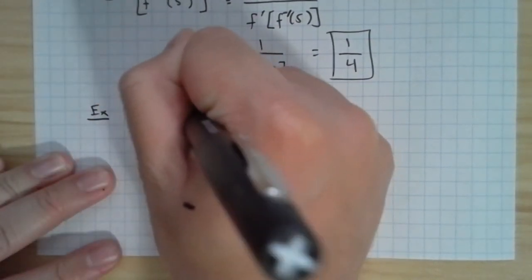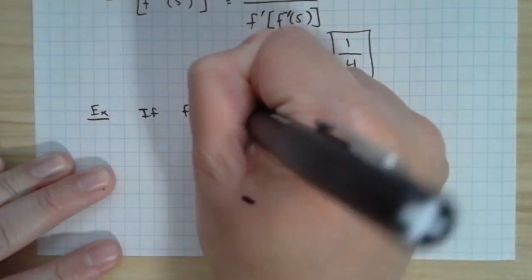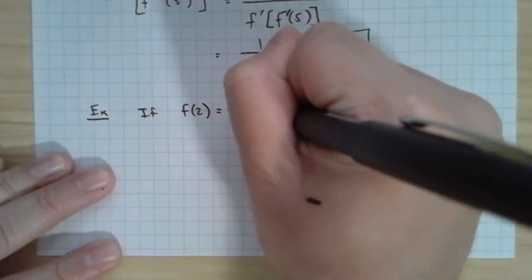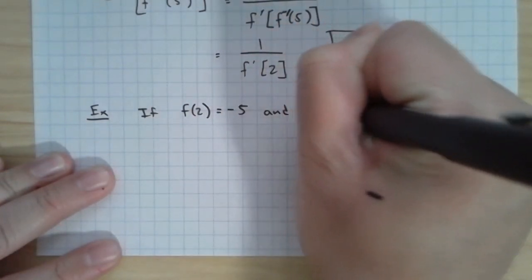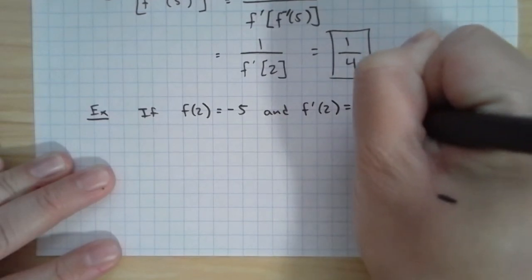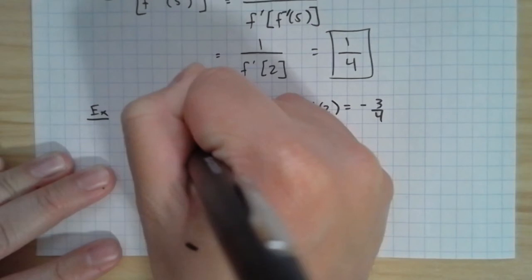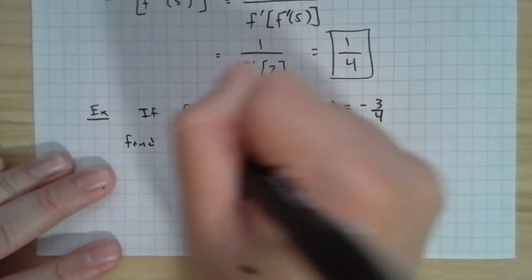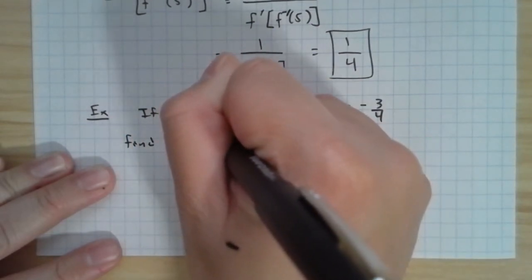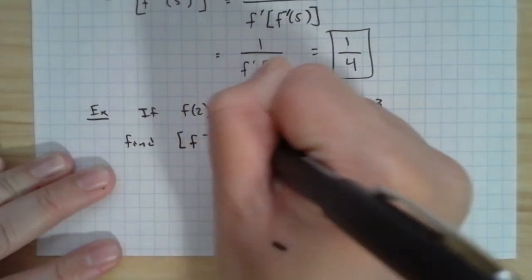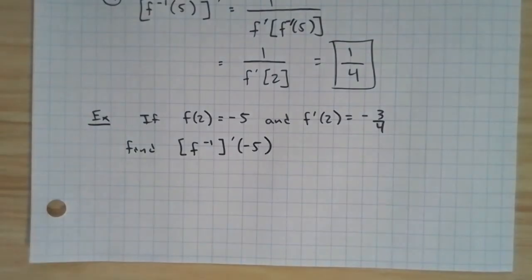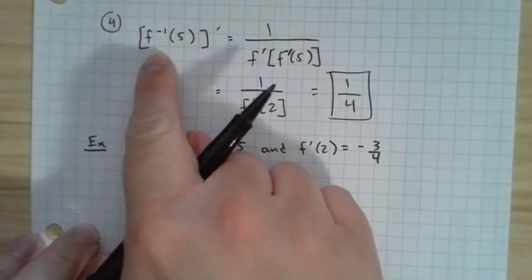If f of 2 is -5 and f prime of 2 is -3 over 4, find f inverse prime of -5.